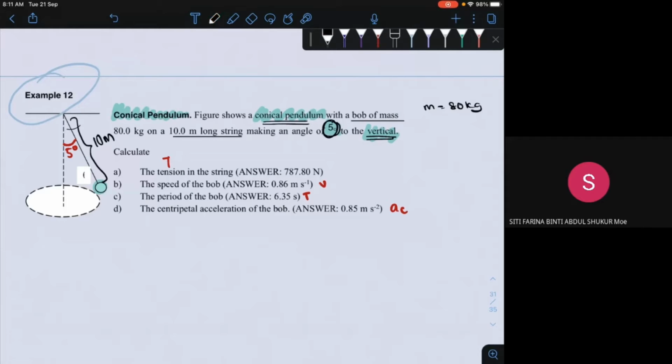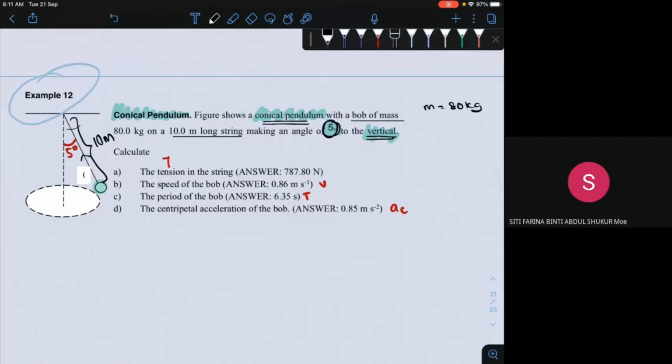Okay, so first thing adalah soalan chapter 6 ini dia minta tension dekat sini. Tension adalah force yang objek kamu ini akan alami pada tali dia dekat sini. You're going to experience tension on this string here. Okay, and your object is making a circular motion dekat bawah sini, maka dia akan ada centripetal force.